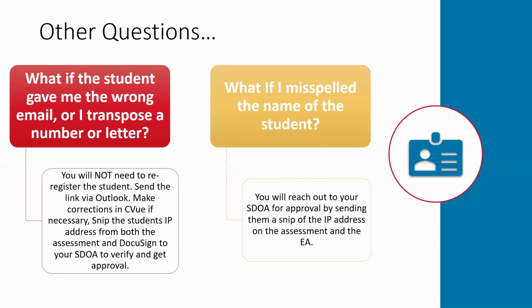This should be few and far between because we're the ones putting the information in, so hopefully we're putting it in correctly the first time. But in the event it does happen, we're going to walk through what we need to do.